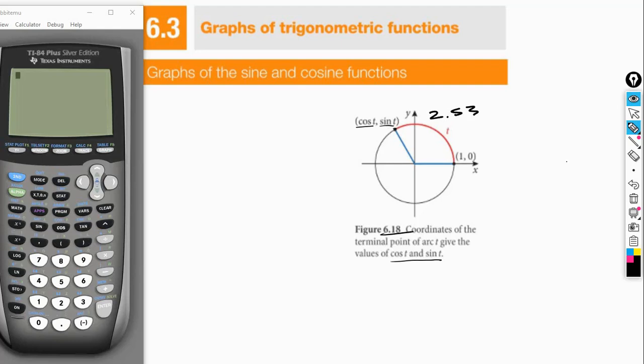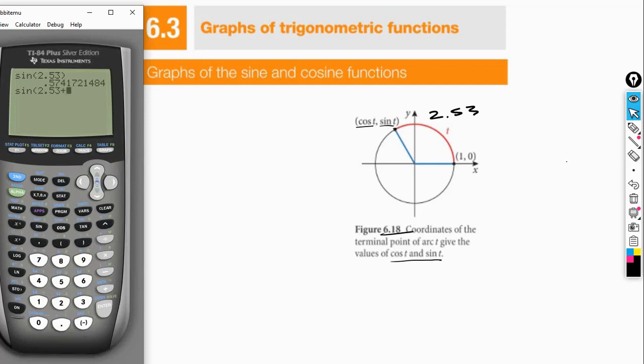So all we would have to do is sine. If you go sine of 2.53, we're going to get 0.5741.